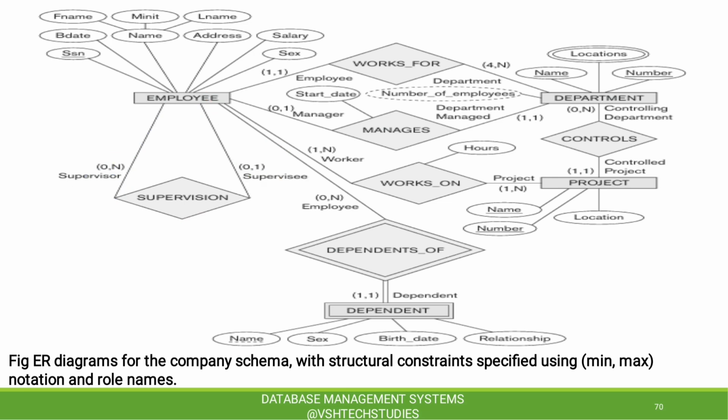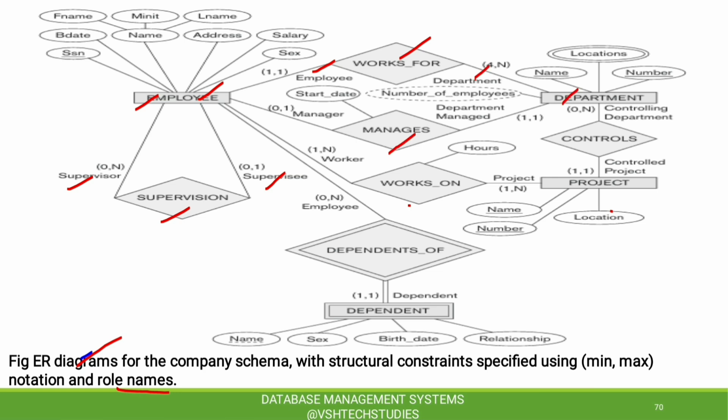That was the ER diagram for the company schema or database with structural constraints specified using min-max notation. Next we shall see the role names. Here in the supervision relationship, the employee entity plays the role of supervisor and supervisee. Then in works for relationship, the employee entity plays the role of employee and the department entity plays the role of department.